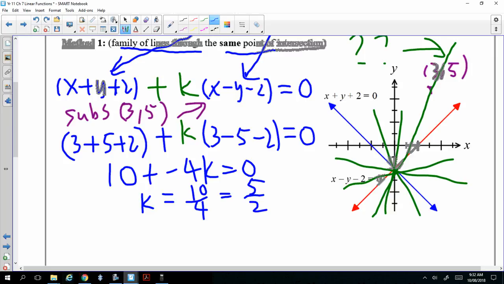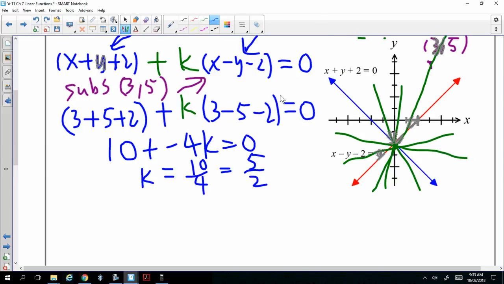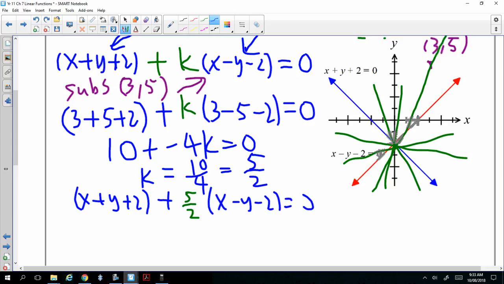Now we substitute it back in to get that equation. So we write x plus y plus 2, plus 5 over 2 times x minus y minus 2, equal to 0. Now how do I simplify that? We get rid of the fraction. How do I get rid of the fraction? Multiply by 2.